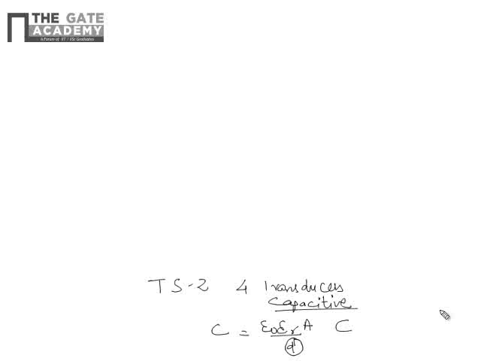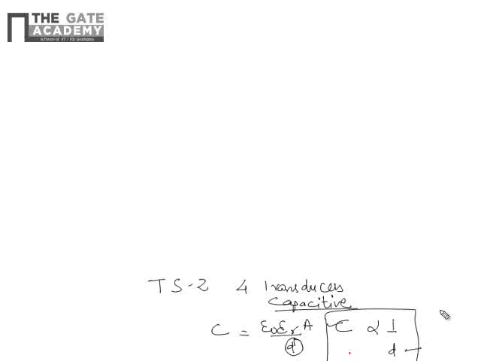So if you try to write, C is inversely proportional to D. So now if you change D, then there will be an inverse effect on the capacitance. So this is what the question says. Now further it asks how can it be made linear.